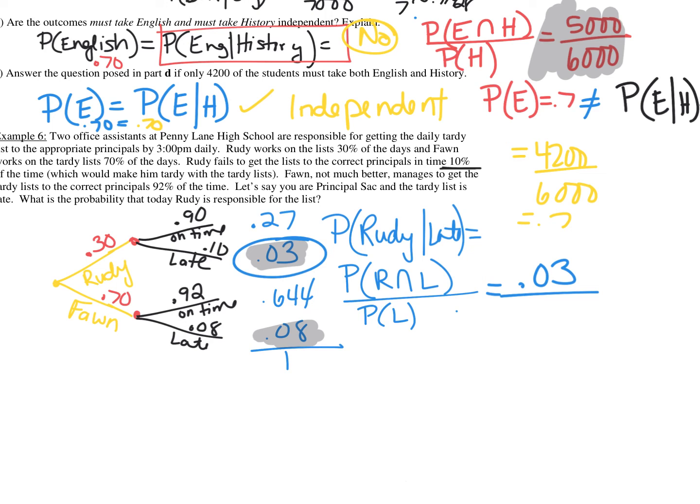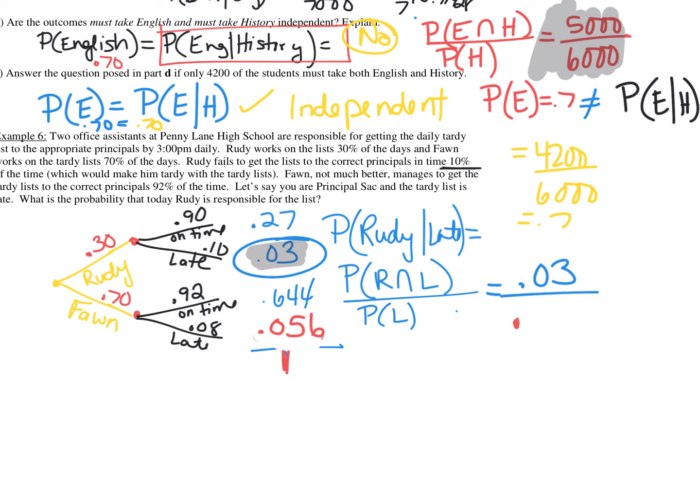0.03, and I just spotted an error. That 0.08, I never actually did the multiplication, did I? I've got to do 0.7 times 0.08. That's got to be 0.056. And if I really had added to 1, like I said I should, I would have noticed that I made that error. And so I said it, but I didn't actually do it in this video. All right, and that shows how it can come back and bite you.